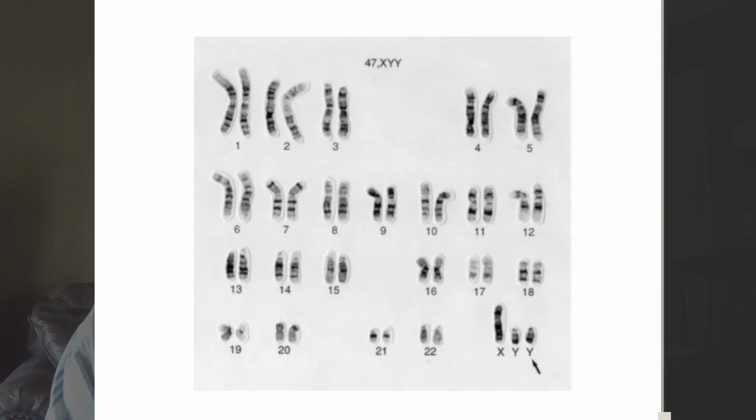One that's been very controversial over the years is what used to be called a supermale because it has 2 Y chromosomes, but is now just known as an XYY individual.